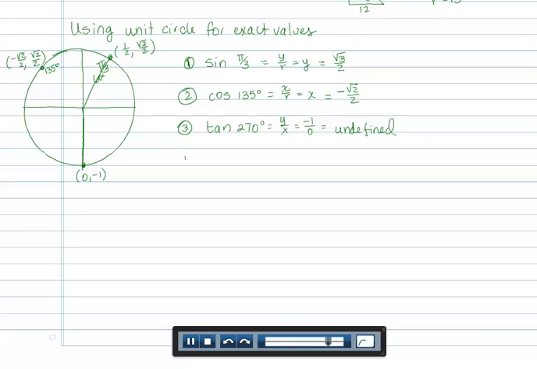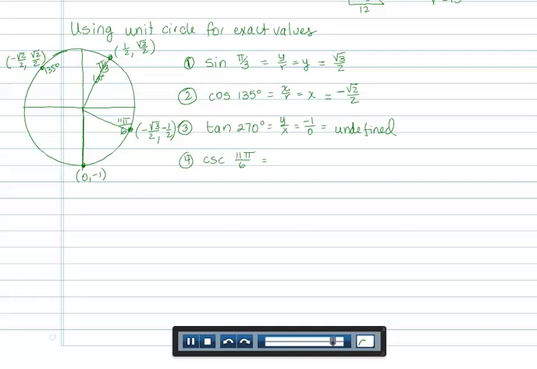Let's do another one. Number 4, the cosecant of 11 pi over 6. Alright, 11 pi over 6 is over here on your unit circle. The point associated with this one is square root of 3 over 2, comma, negative 1/2. Now the cosecant is the reciprocal of the sine.